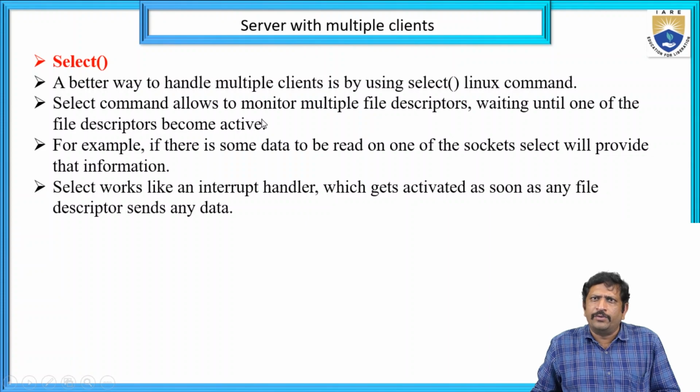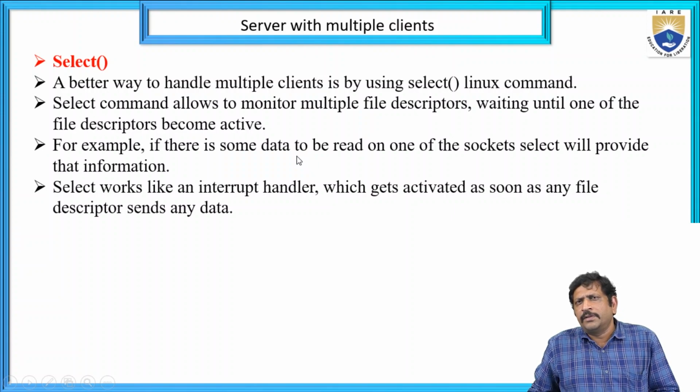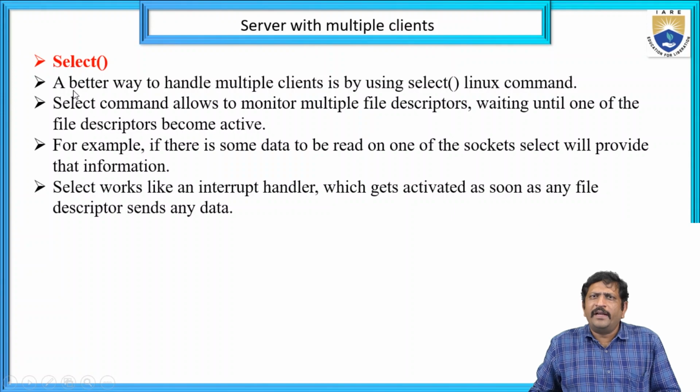Whenever one is active, it immediately accesses it. For example, if there is some data to be read on one of the sockets, select will provide that information. The select method works like an interrupt handler, which gets activated as soon as any file descriptor sends any data.